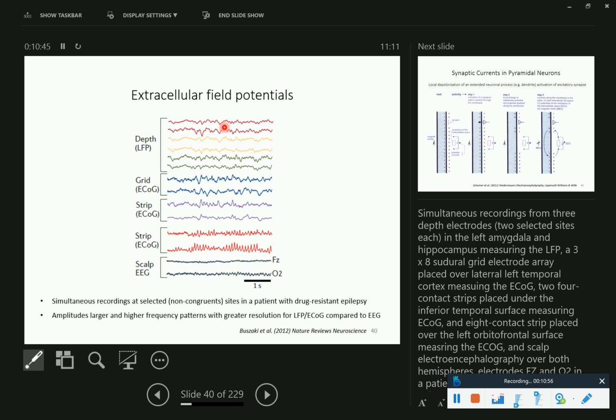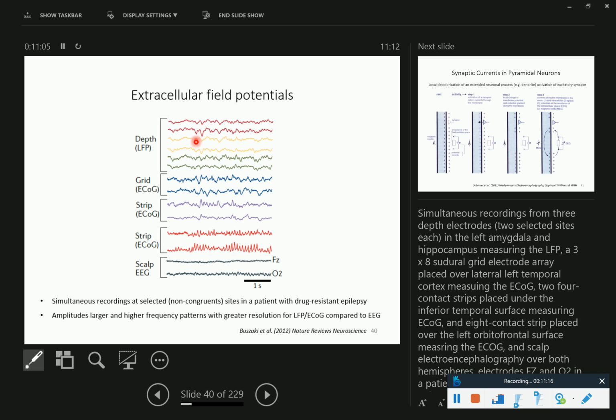And now LFPs, ECoG, EEG and MEG are sensitive to these kinds of activities, but at different distances from their origin. And this is essentially what is shown here.